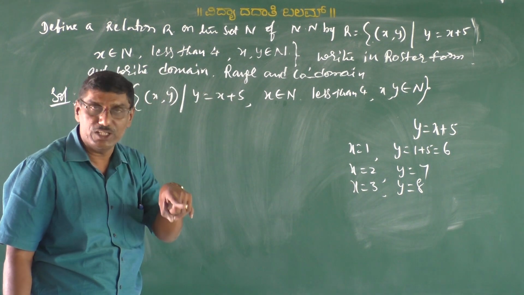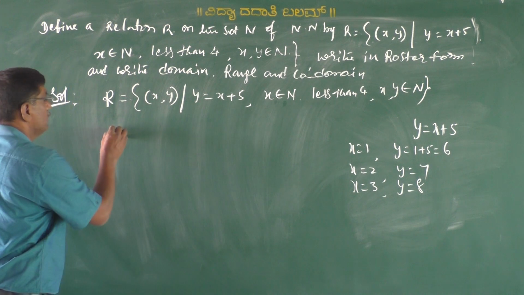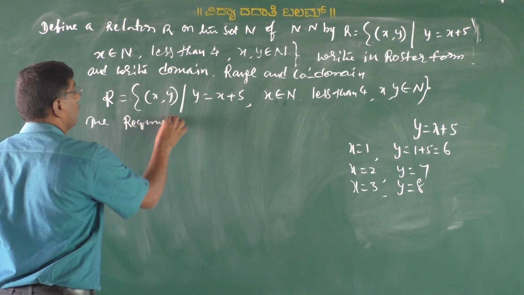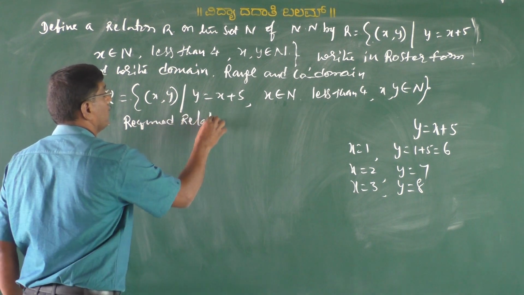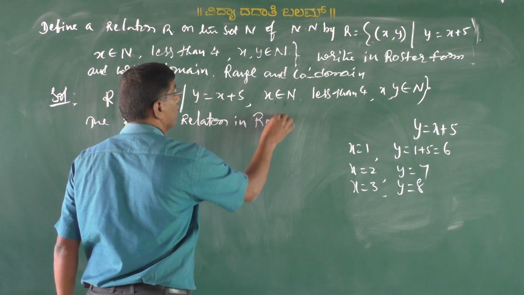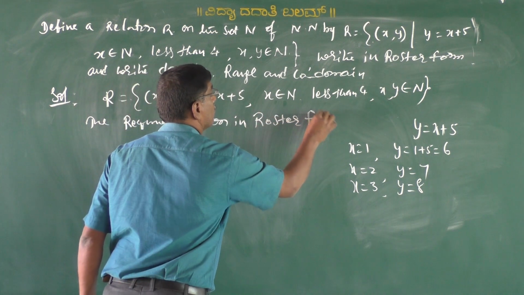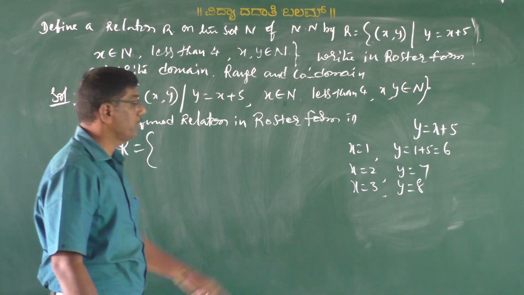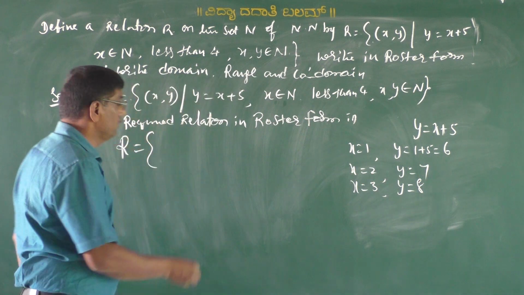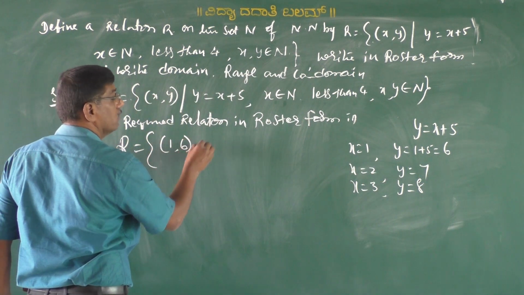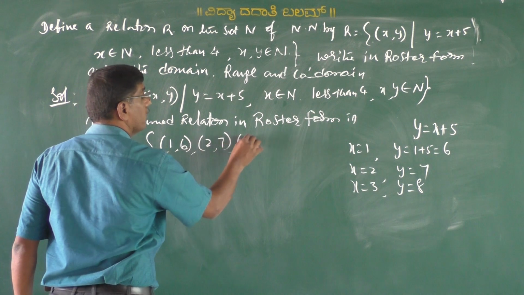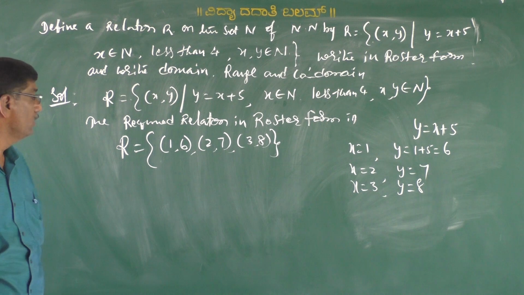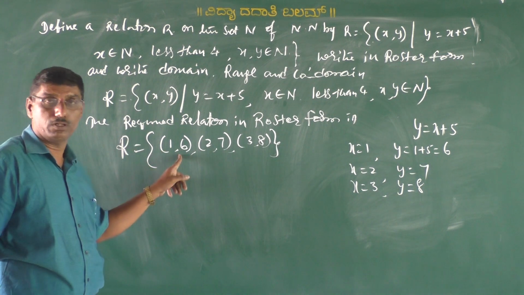The required relation in roster form is R = {(1, 6), (2, 7), (3, 8)}. These are the 3 ordered pairs we see in roster form.